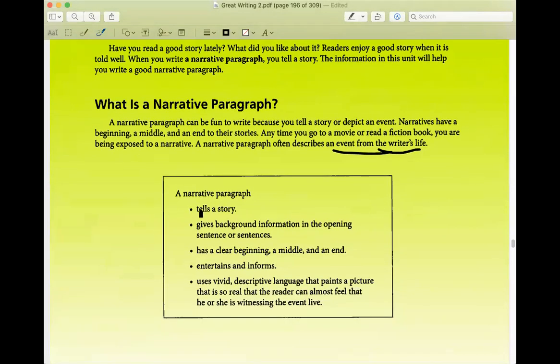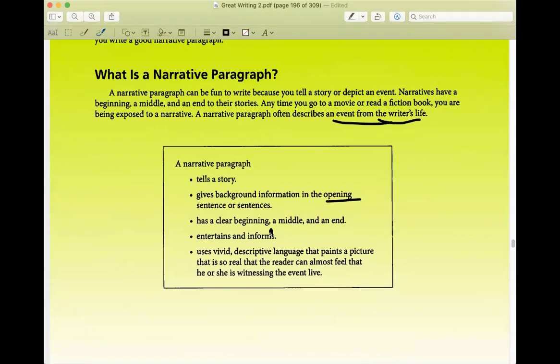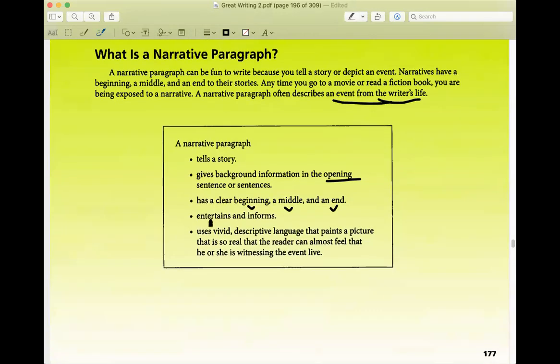Okay, so we already said it tells a story. The opening should give us some background. Should have a clear beginning, middle, and end. It's good if it's entertaining and tells us something, teaches, informs us, kind of teaches us something, and uses good language.